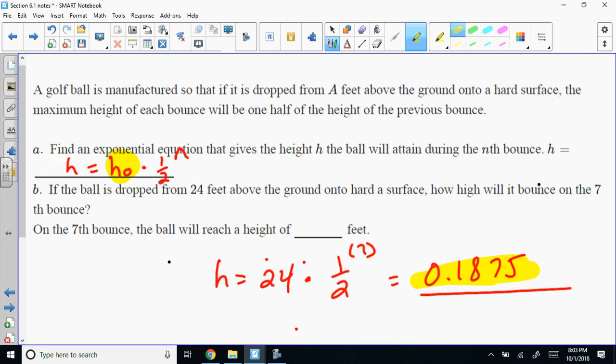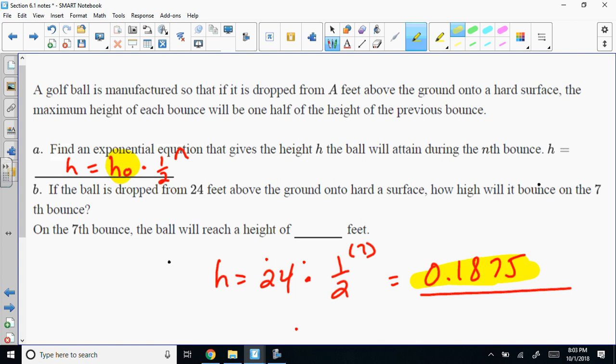Ten thousandths, right? Say it as a decimal, so it's going to reach a height of 0.1875 feet.